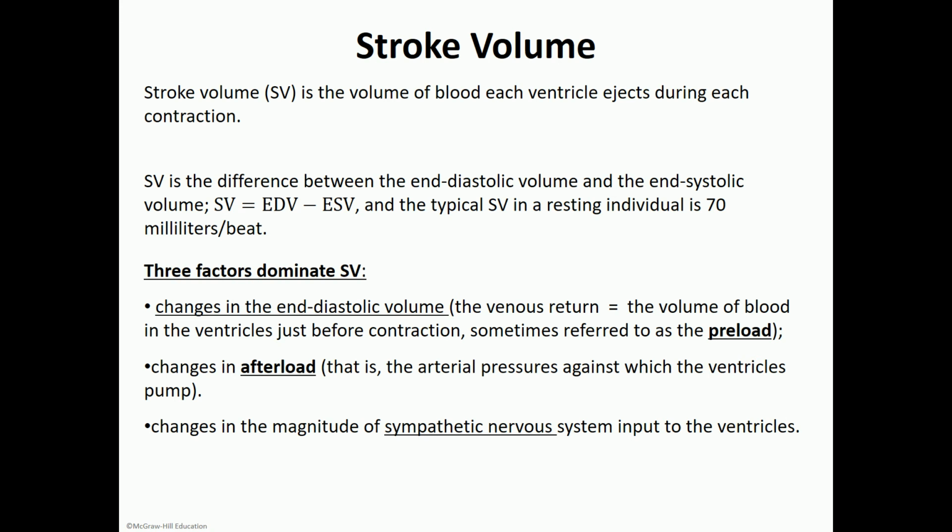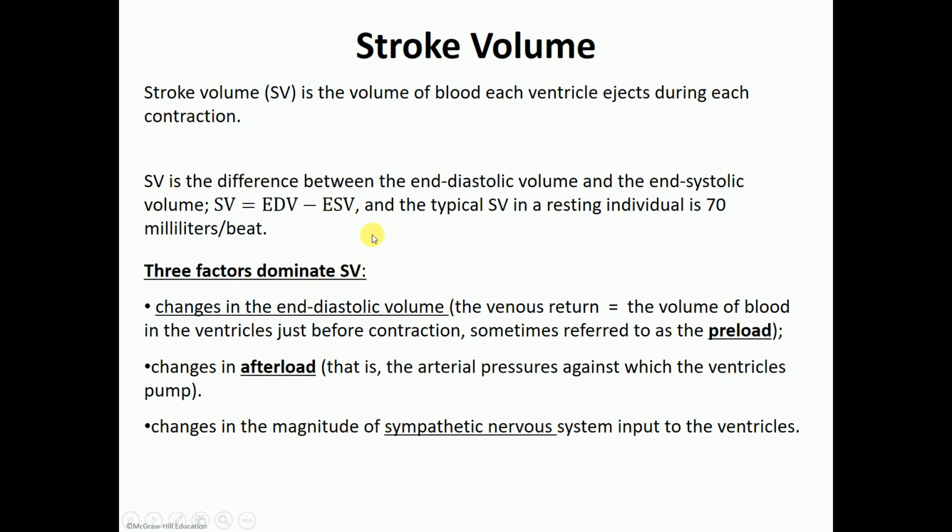If you subtract those, the stroke volume was 75 milliliters, which is about 75%. These are just numbers that I made up. The typical stroke volume in a resting individual is about 70 milliliters per beat. Again, it's the end-diastolic minus the end-systolic volume.